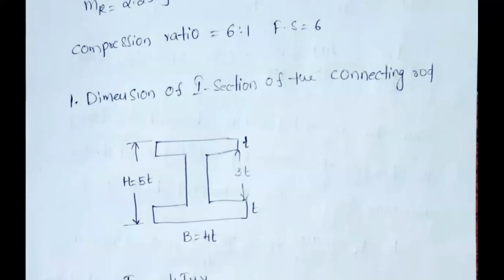Those values should be within the range of 3 to 3.5. Then only is your design correct. That means your standard dimensions, B equal to 4T and H equal to 5T, those specifications are correct. If your values are more than 3.5, then you have to redesign your dimensions. That is the basic point.